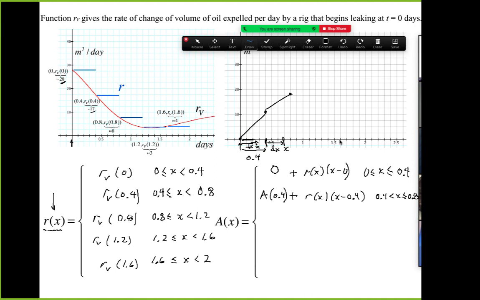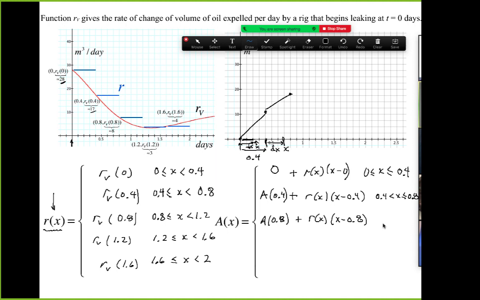Okay. Donna, can you do the next line? A of 0.8 plus r of x times x minus 0.8.